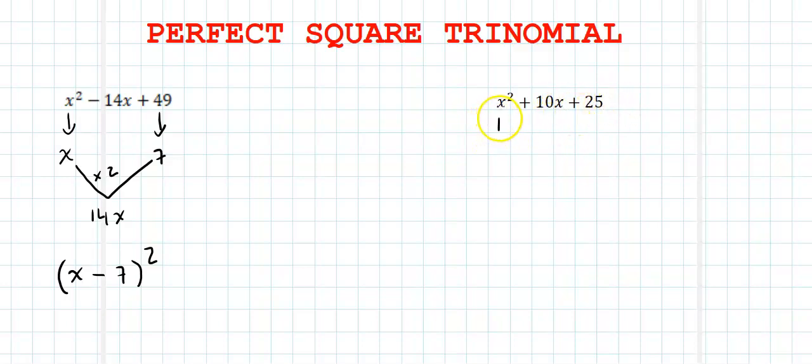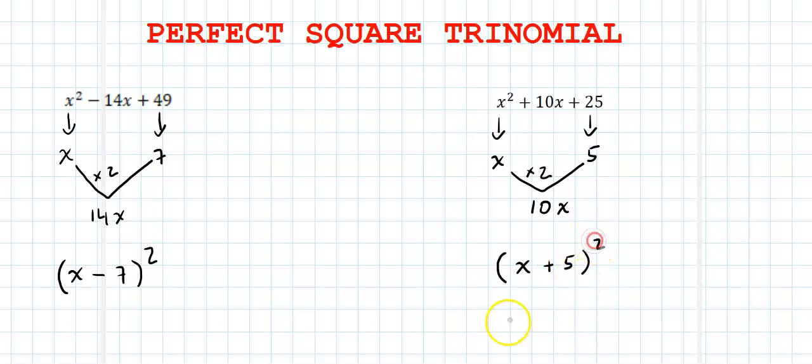The square root of x to the second power is x, and the square root of 25 is 5. The product of the two square roots by 2 is 10x. That is the second term of the trinomial. And the factorization of this trinomial is x plus 5 to the second power.